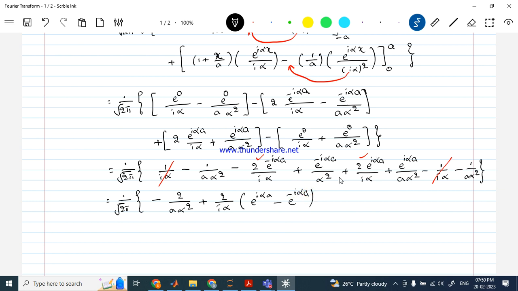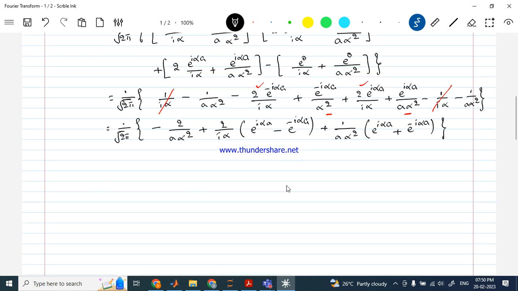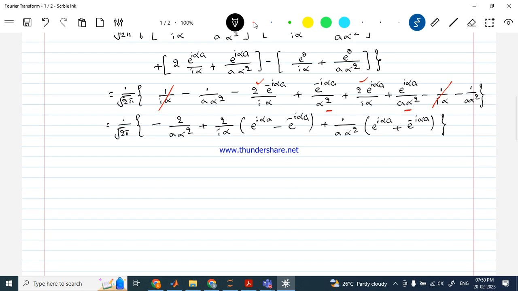From these two expressions, 1 by a alpha square is common, so here e power i alpha a remains, and in this one plus e power minus i alpha a remains. So this is the expression we have.